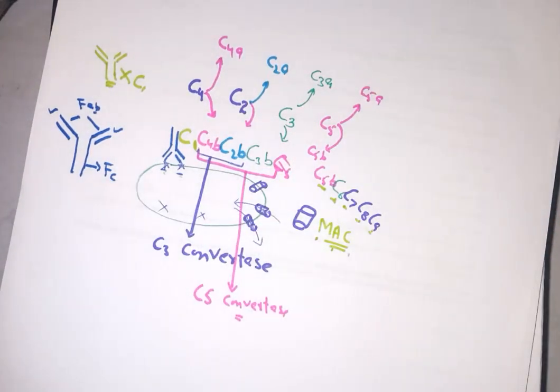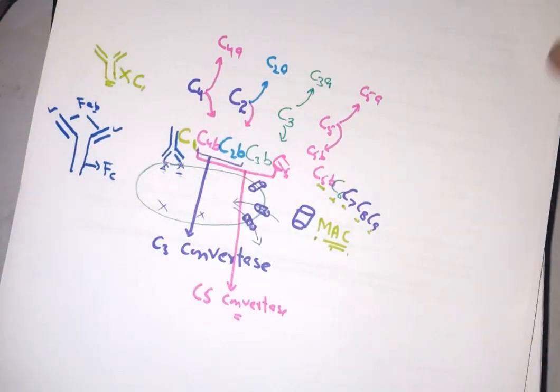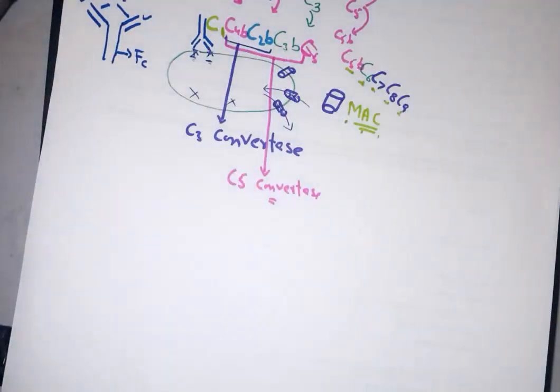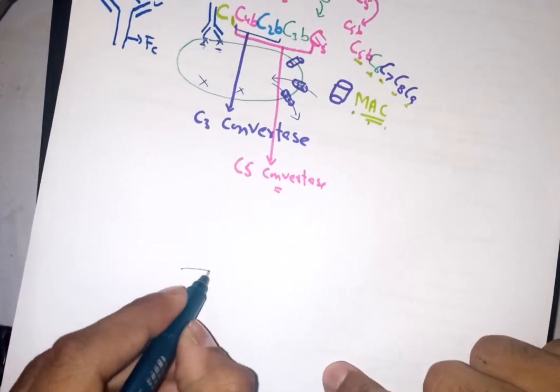Okay, now let's talk about another very important function. This C3b, here I'm going to draw another bacteria because lots of proteins have been made over, so it will be very difficult for you to understand the exact concept.